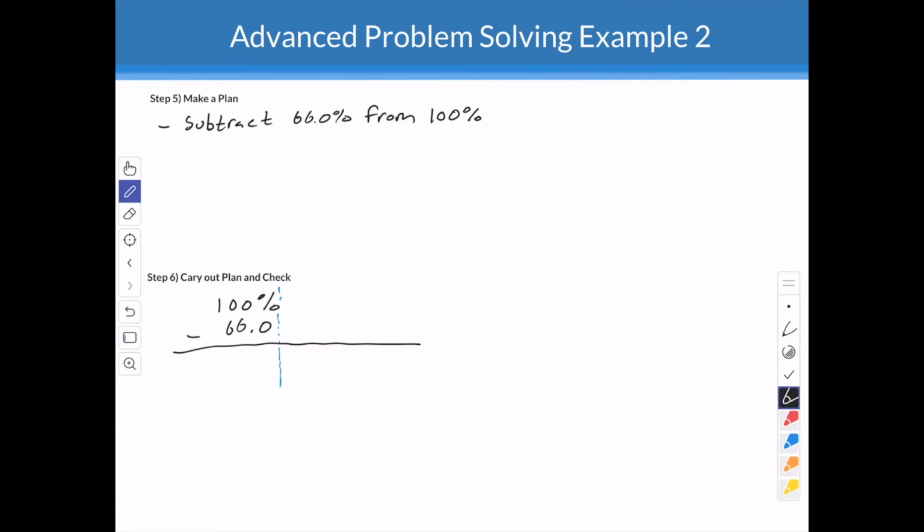Okay, and so 38.0%. Oh, not 38. Jeez. Not on my A game today. 34%. Okay?